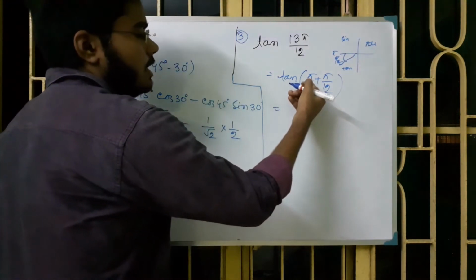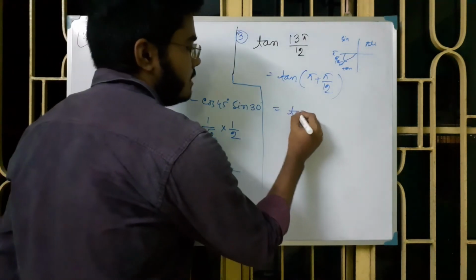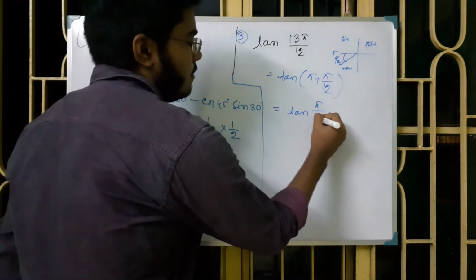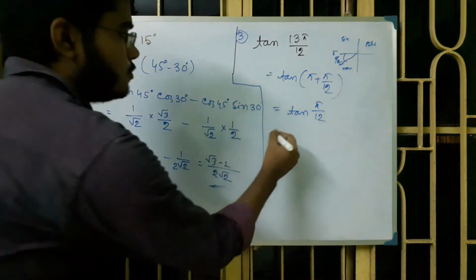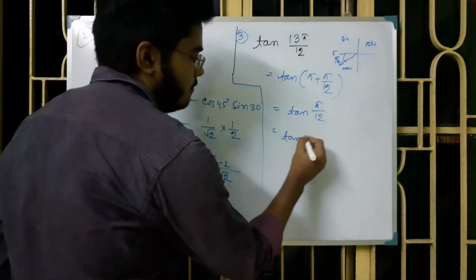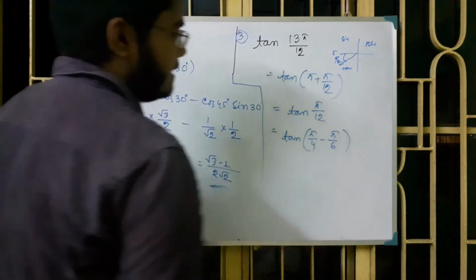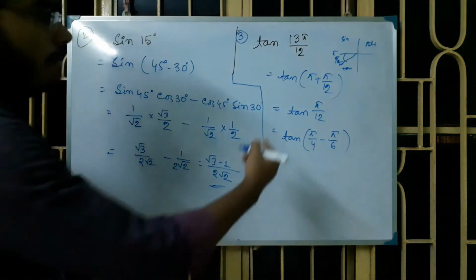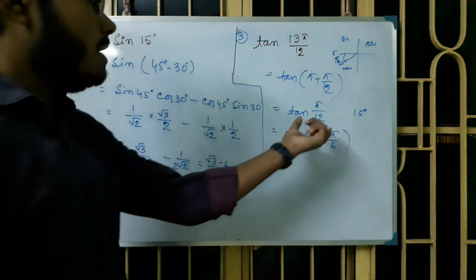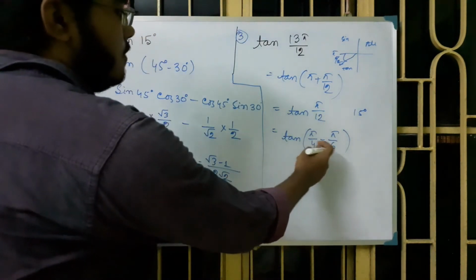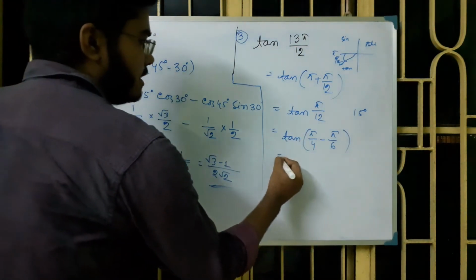As this is a multiple of pi, it will be tan pi by 12, and this is in the third quadrant, so it will be positive. And pi by 12 is pi by 4 minus pi by 6. Pi by 12 is 15 degrees. Simple. So this is 45 minus 30. Similar. So tan 45 minus 30.